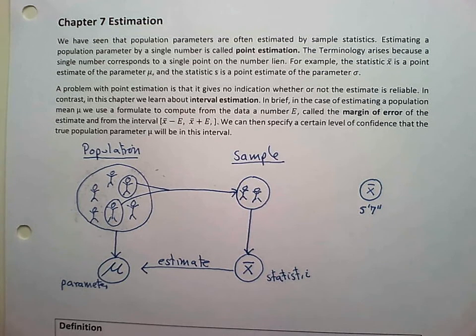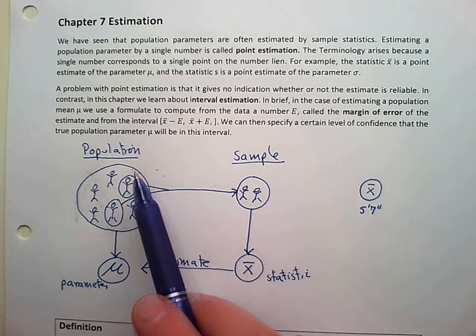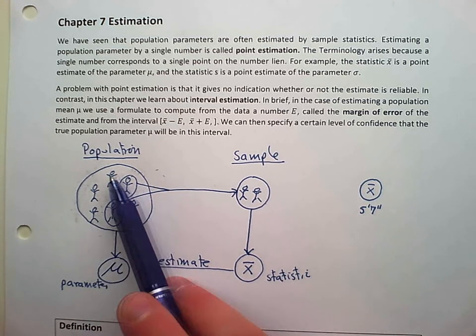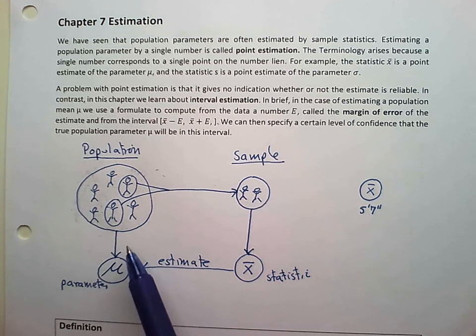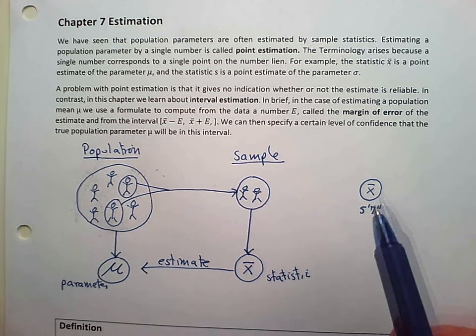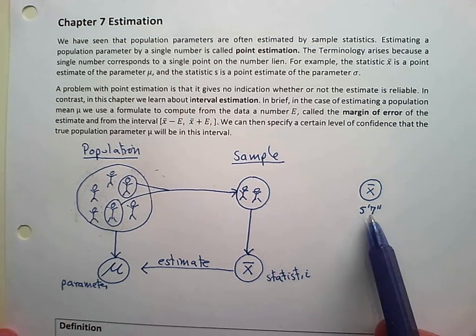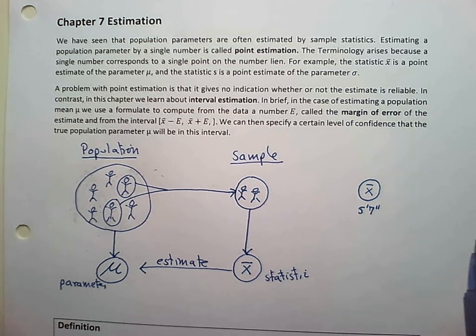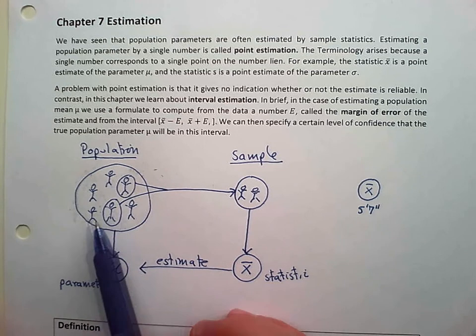So you take the average height of that, and say the average height comes out to be 6'4" or something like that. Chances are the average height of all students at UNC Charlotte is not 6'4", right? Now, suppose that you had a little bit of a better sample, but chances are your sample average height is going to be at least a little bit off from the average height of all students at UNC Charlotte.